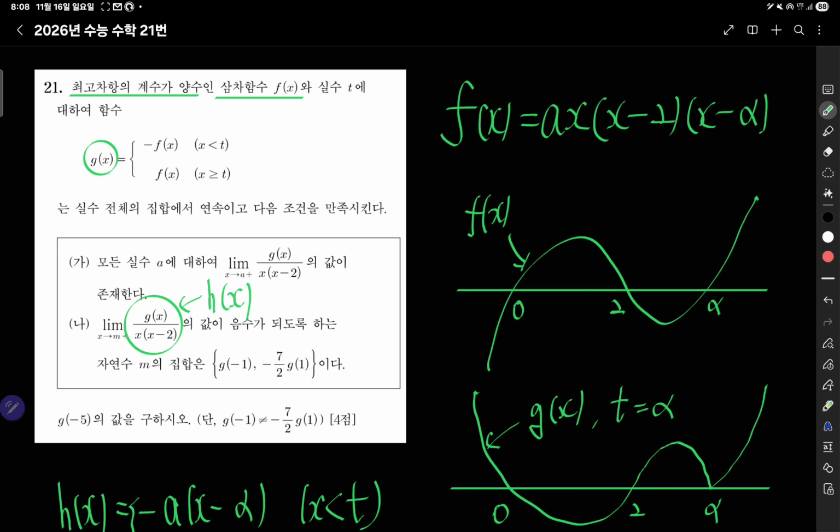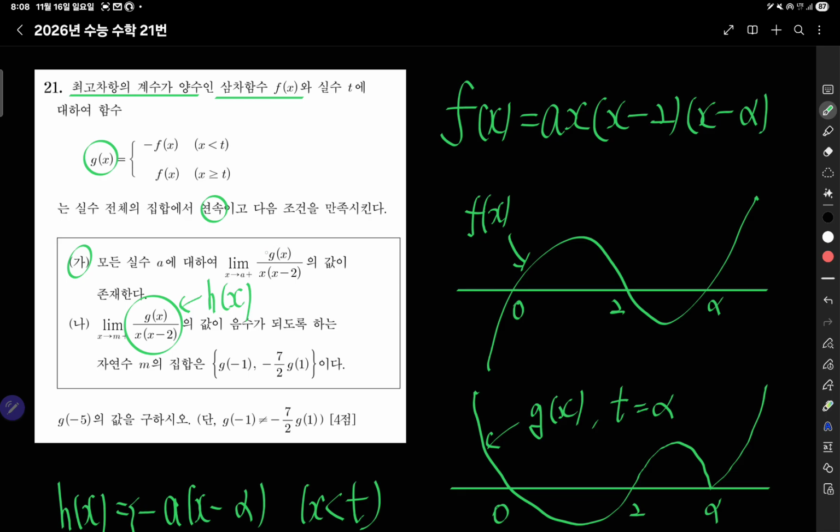And because g of x is continuous, f of x should be reflected at the x-intercept. And from the first condition, g of x over x times x minus 2 has a limit value.